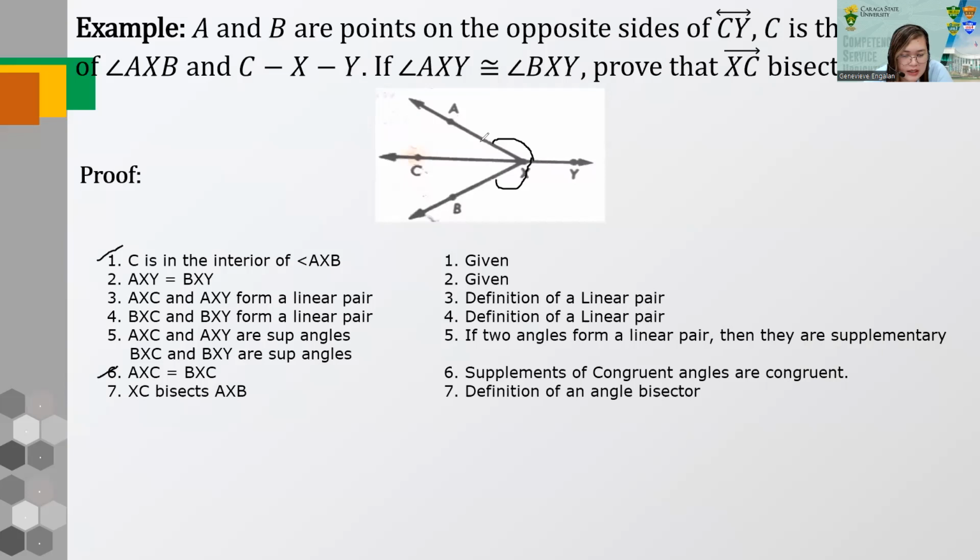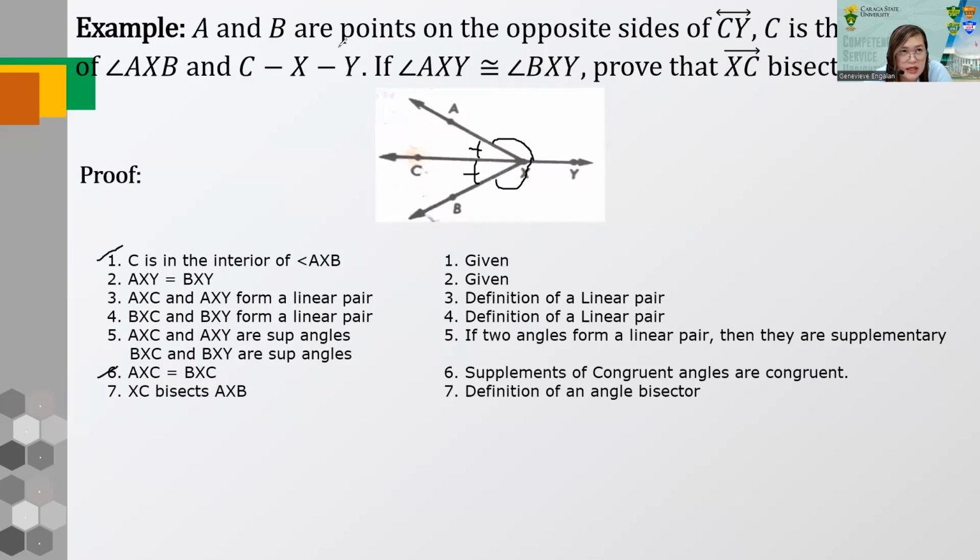Kani sila, this one and this one. Mao man ni atong gi-prove nga congruent sila. Kay given naman nga nasa interior si C. Atong gi-prove is si AXC is congruent kang BXC. Nya kay congruent man sila, pasabot si XC bisects AXB. So that is by definition of angle bisector.